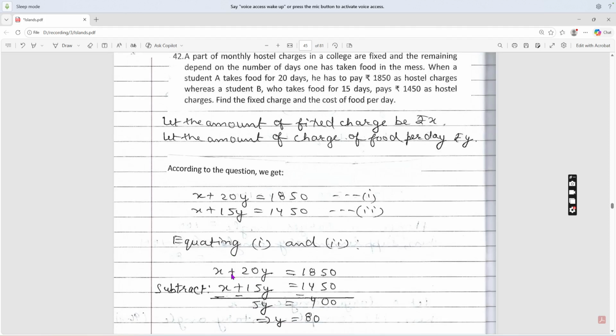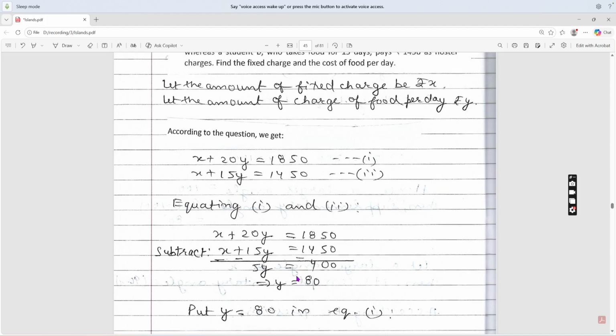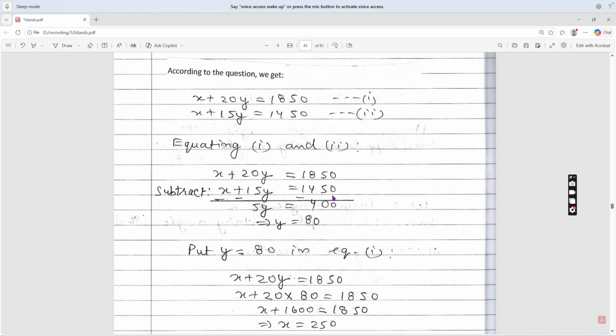Now just operate it. The coefficient of x and x is already equal, so we are going to subtract. No need to multiply any equation by any number. So x minus x is 0, 20y minus 15y is 5y, equal to 1850 minus 1450, which is 400. So y is equal to 80.